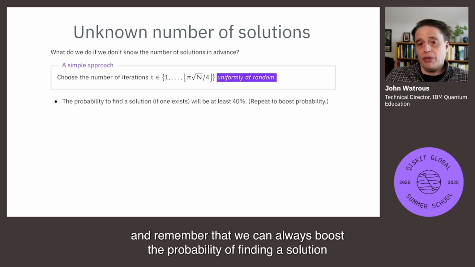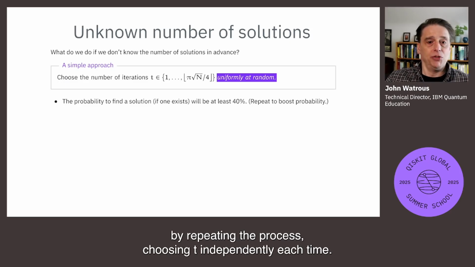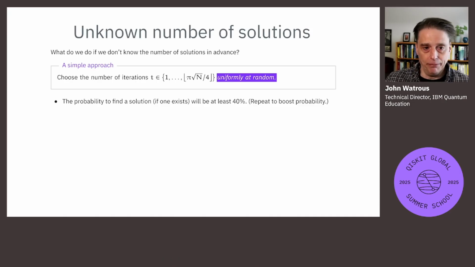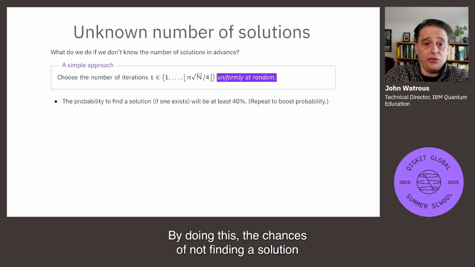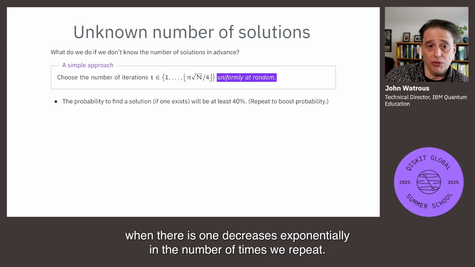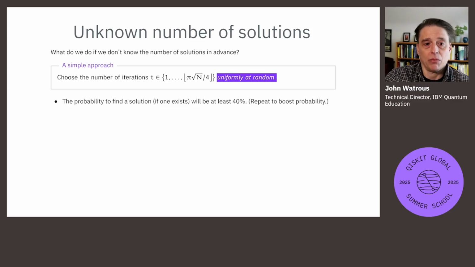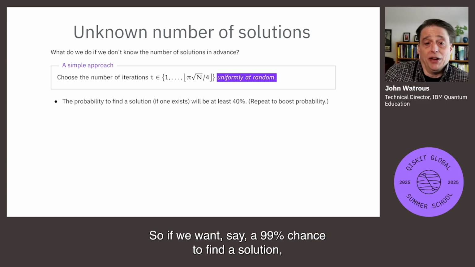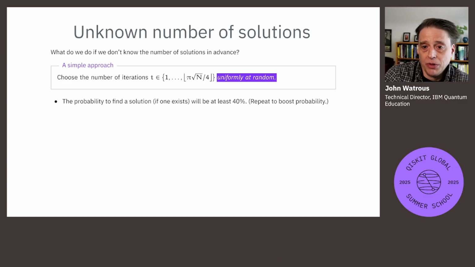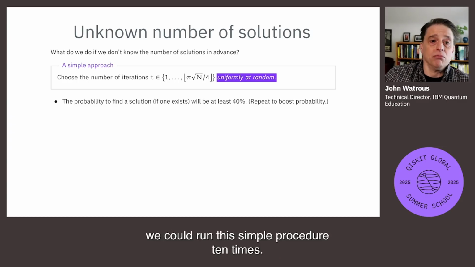And remember that we can always boost the probability of finding a solution by repeating the process, choosing t independently each time. By doing this, the chances of not finding a solution when there is one decreases exponentially in the number of times we repeat. So, if we want, say, a 99% chance to find a solution, we could run this simple procedure 10 times.